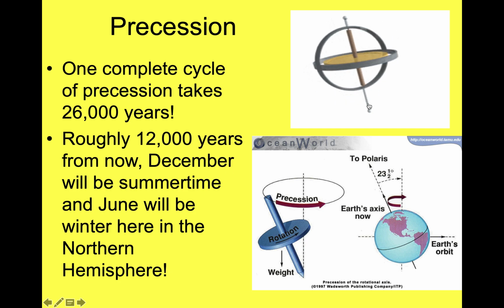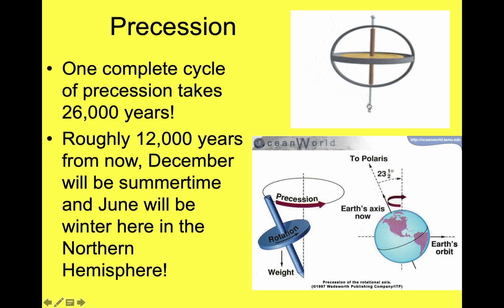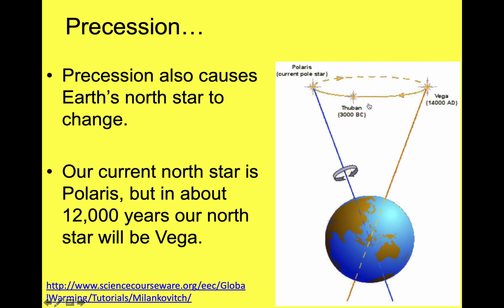If asked on an assignment or a test what the significance of precession is, it's this: it causes the seasons to happen at different times of the year for the different hemispheres. And there's one other significance that we need to know, and that is that precession also causes Earth's North Star to change.